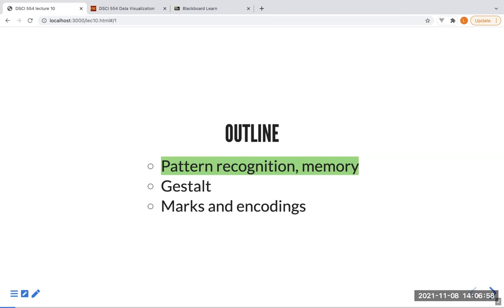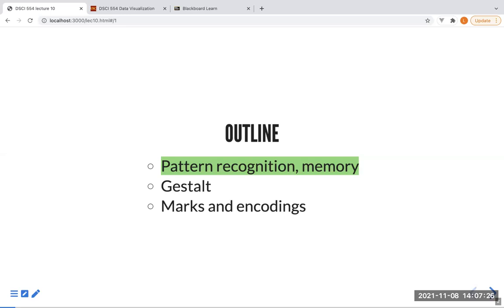We also saw a little bit how the brain forms patterns from simple objects that are detected, and today we're going to see this in a little more detail. This falls under the umbrella of what is called pattern recognition.